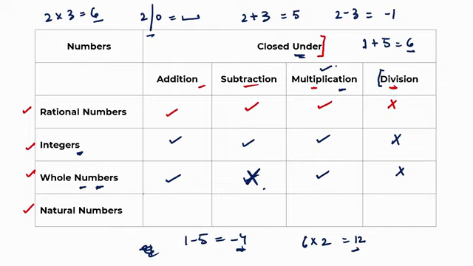Okay, now just tell me one thing. What if you divide 2 by, let's say, 3? Now if you divide 2 by 3, then this is not a whole number, it's a fraction. Therefore we will say that whole numbers aren't closed under division, so I've put a cross sign here. Now let's see what will be the case of natural numbers.